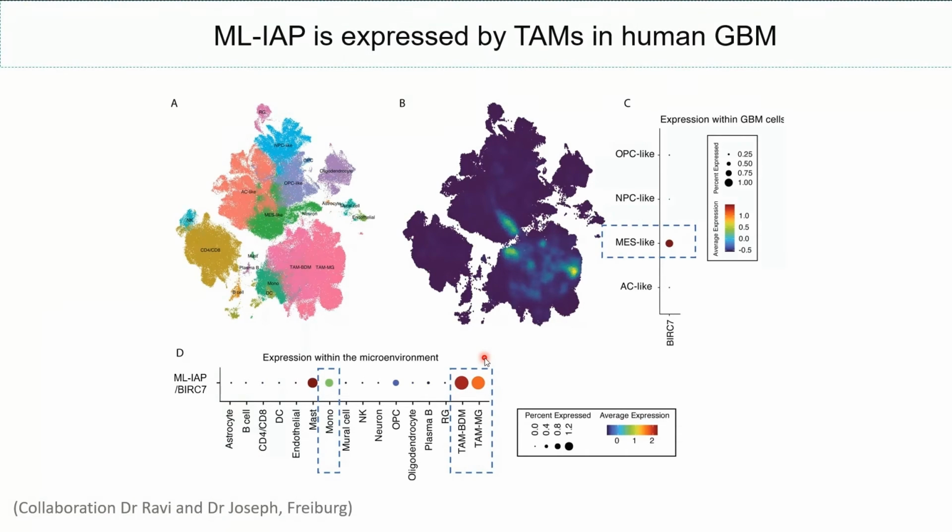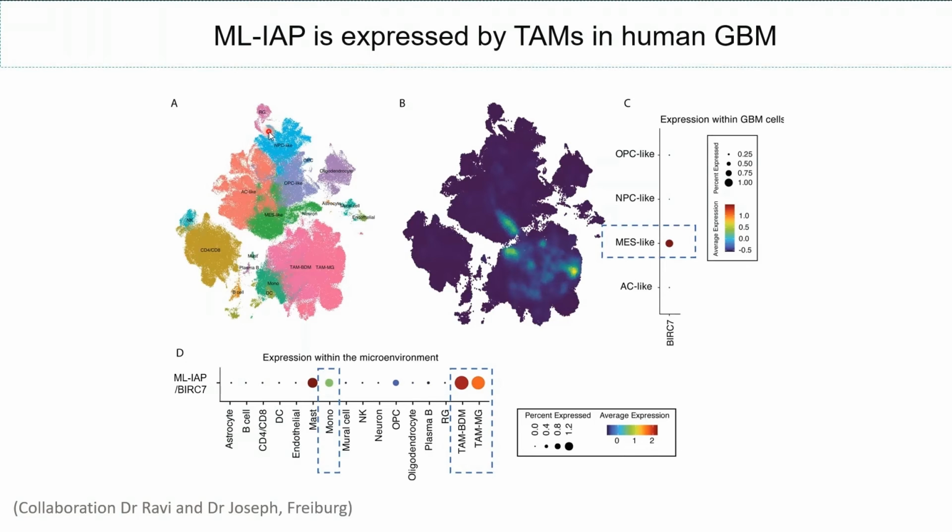And we also analyzed the expression of MLIP in tumor cells. In glioblastoma, 4 different tumor subtypes have been identified by single-cell results: the astrocytic-like, the MES-like, OPC-like, and NPC-like.